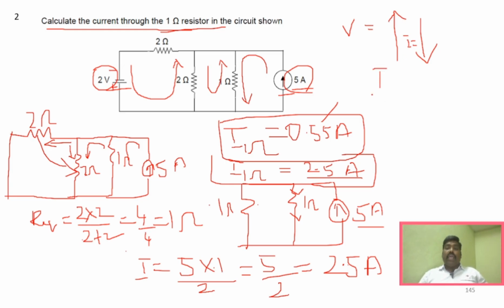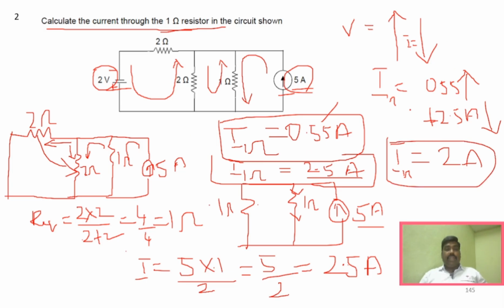The 0.5 amp is in the upward direction, and the 2.5 amp is in the downward direction. Since they oppose each other, we have to subtract, not sum. So 0.5 minus 2.5, and the total current is 2 amps.